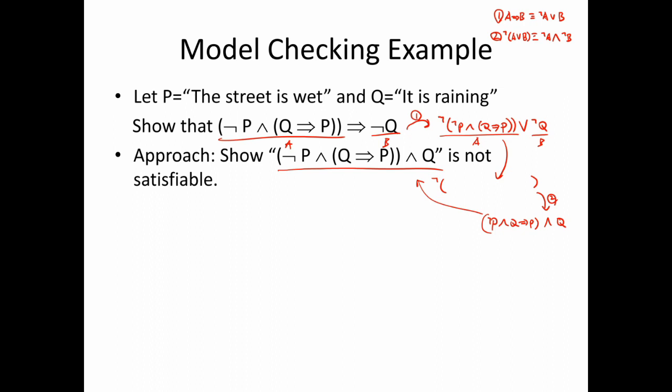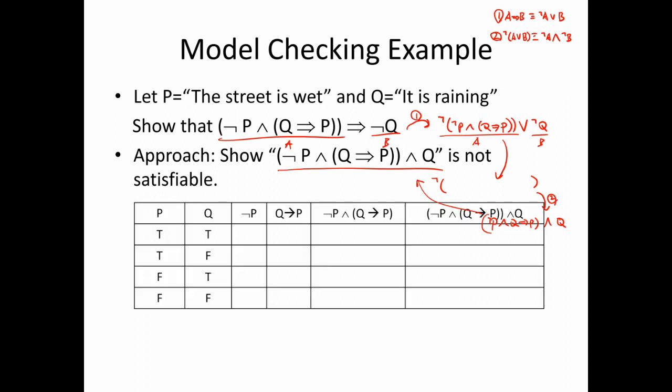So going back to what we were doing, in model checking, to show that the second sentence is not satisfiable, we just enumerate all worlds. So basically all combinations of trues and falses for P and Q, and make sure that the sentence is always false. So we would hope that these are all false. And you might want to pause the video at this point and just make sure you can fill this out yourself. So not P is pretty straightforward. It's false, false, true, true.